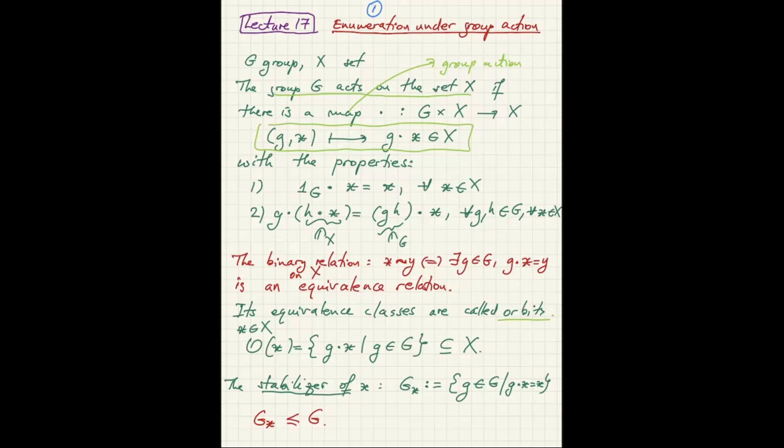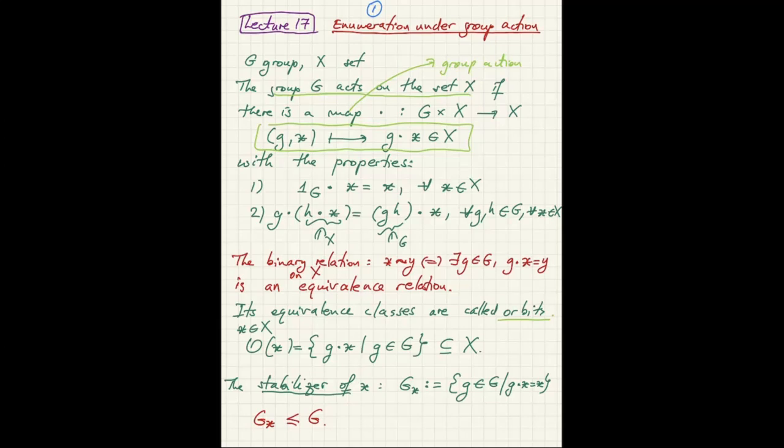Now, the orbits live inside the set X. There are other objects that are important, and these are the stabilizers of the elements of the set X. So for a given element x, its stabilizer, which is denoted by G subscript x, consists of all the group elements g that fix that x.